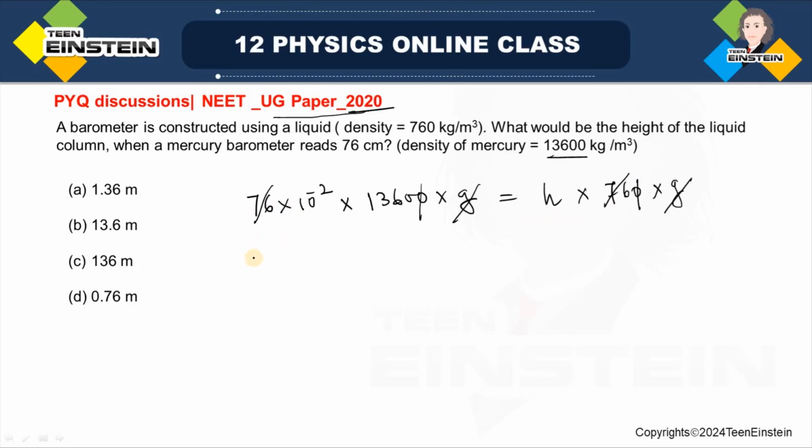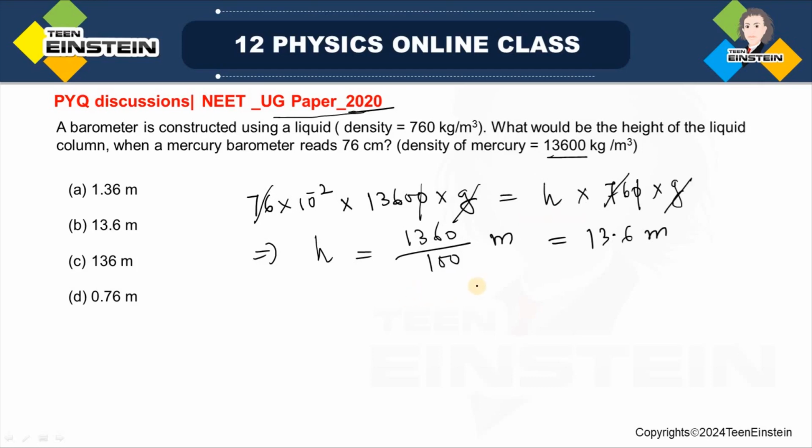So what I get, H is this divided by 100, and this is in meter, which is 13.6 meter.